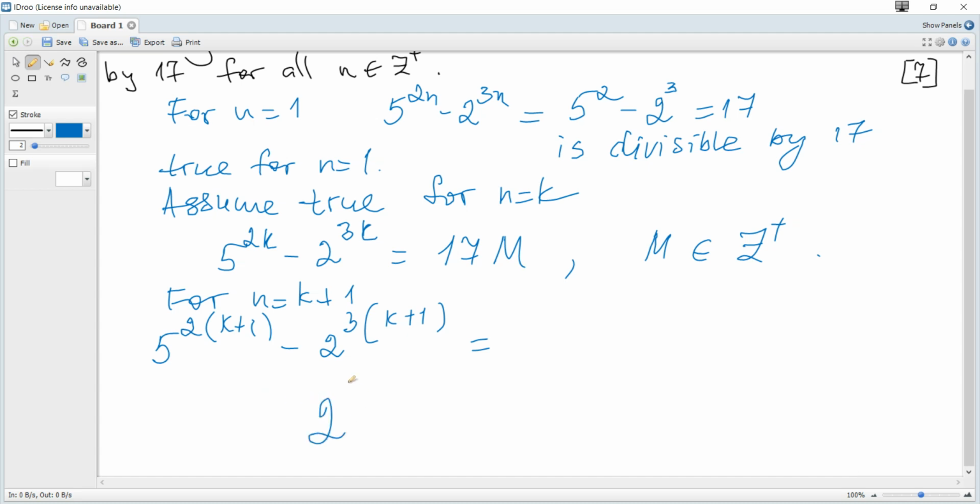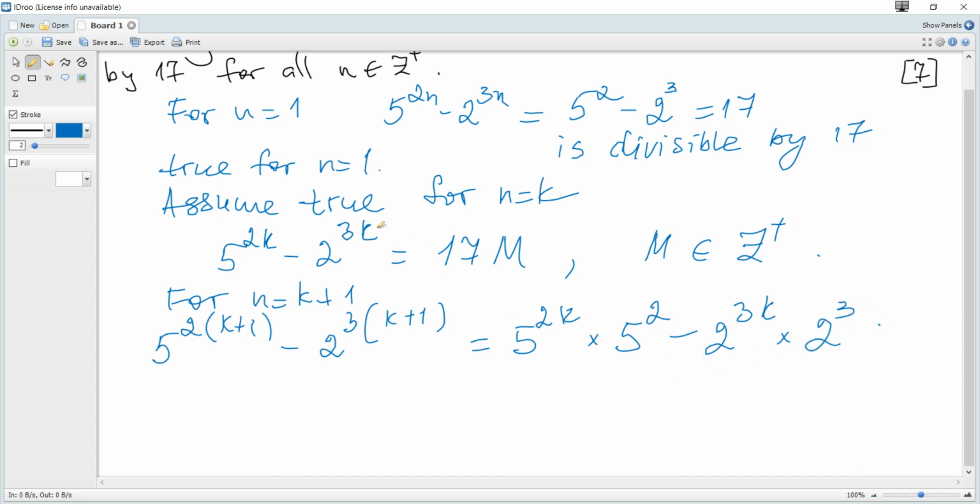It looks like 2 to the power 3 plus 5 is 2 to the power 3 multiplied by 2 to the power of 5, and here it's what? 5 to the power 2k plus 2, so it becomes 5 to the power of 2k multiplied by 5 to the power of 2 minus 2 to the power of 3k multiplied by 2 cubed.